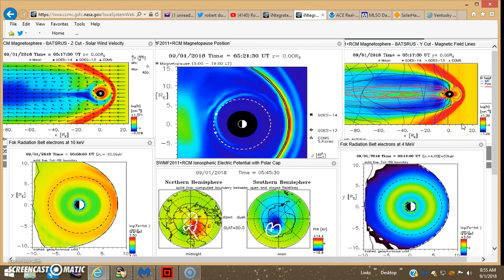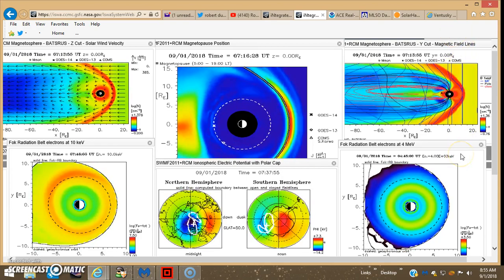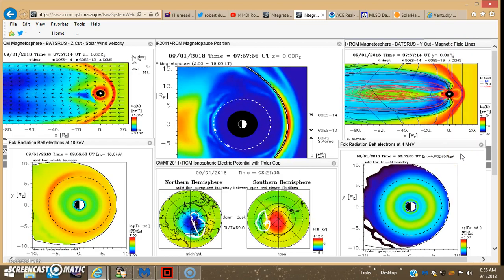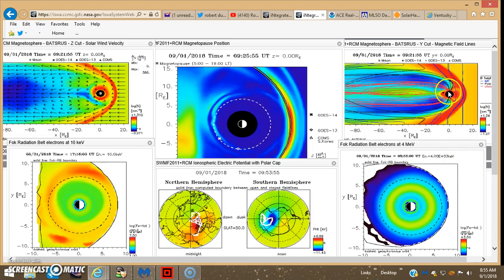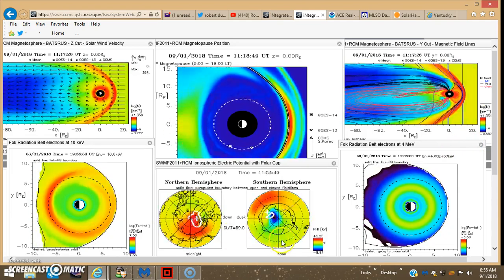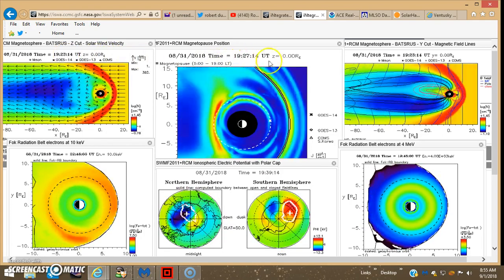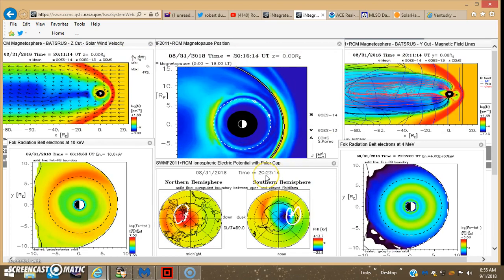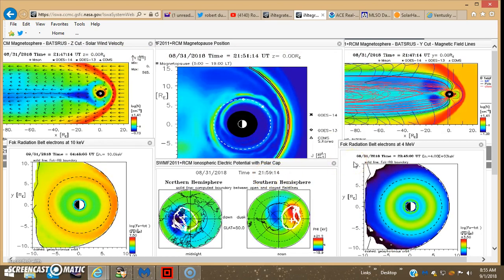Whether it's connecting to some of the other planets in the Nemesis system, that would be my guess. But anyway, it's also exerting some pressure on the front side of the Earth as well as the back side. So you can see these monitors are all lined up pretty much time-wise. These four anyway. These are close.